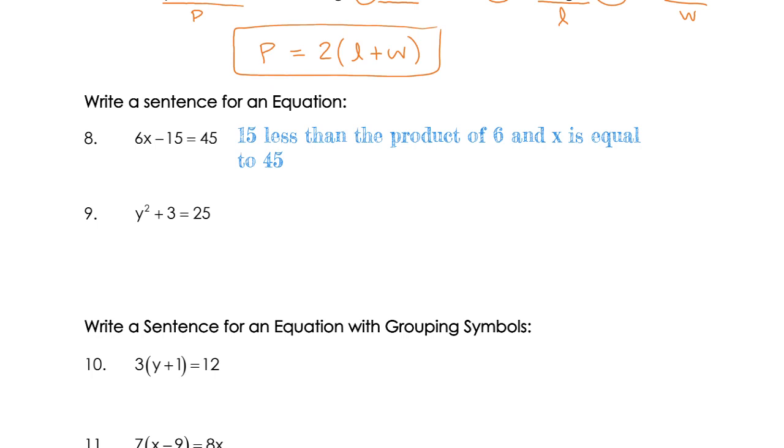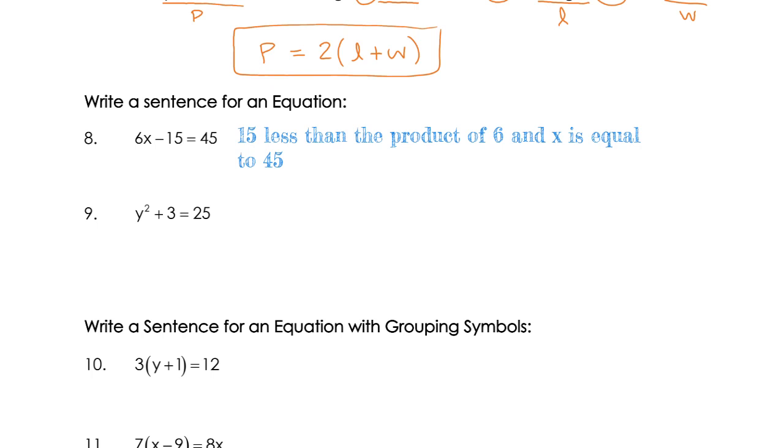Then we have number 9, and we see y squared plus 3 is equal to 25 would work. Y squared increased by 3 equals 25 would work. We could also have 3 more than y squared is equal to 25, is the same as 25.